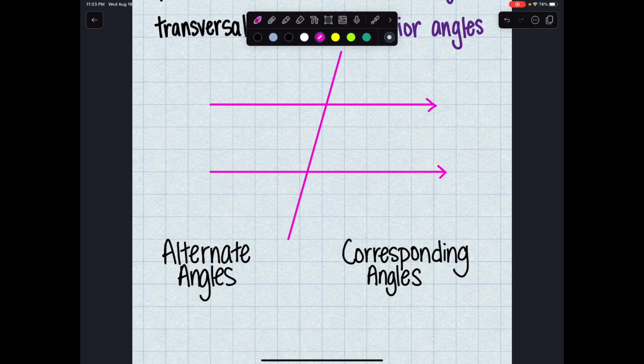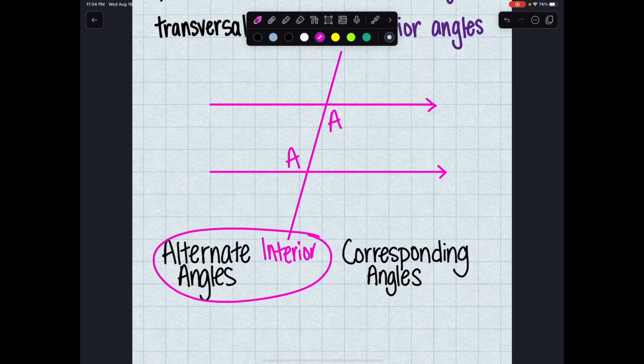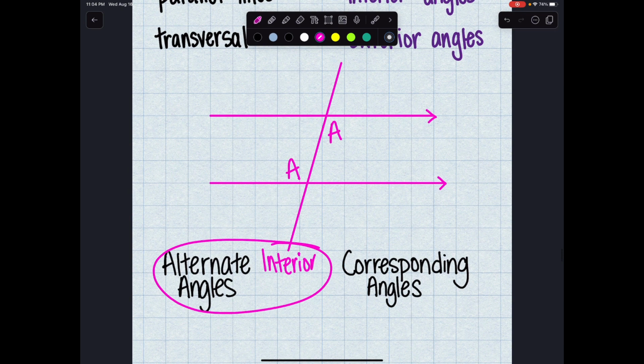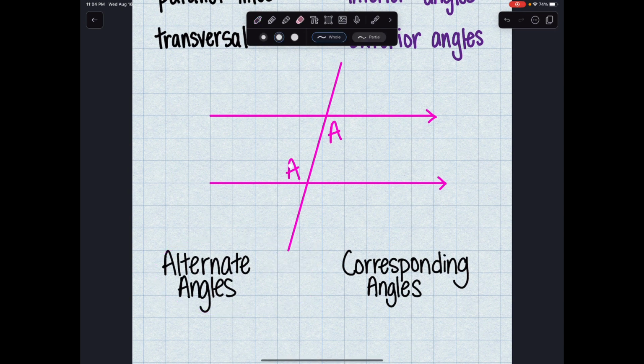Okay, the other set that's interior and the same are this, A. What's the same as that on the interior side? That. Alternate interior angles. Okay. What about alternate exterior angles? So exterior means they're outside of the parallel lines.